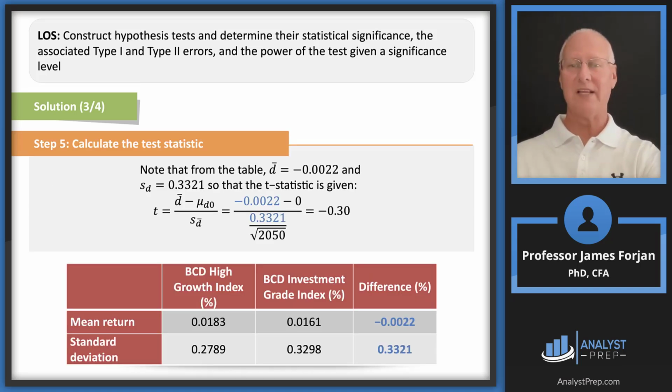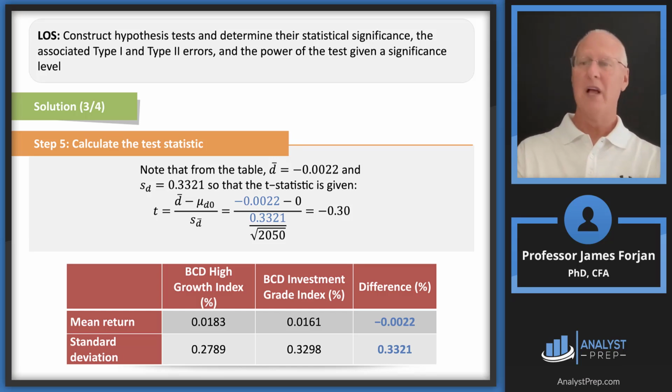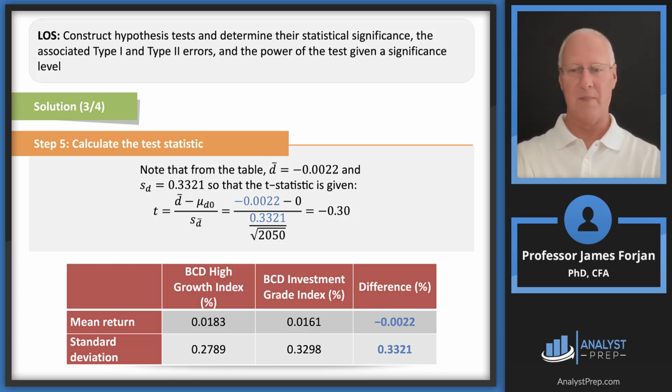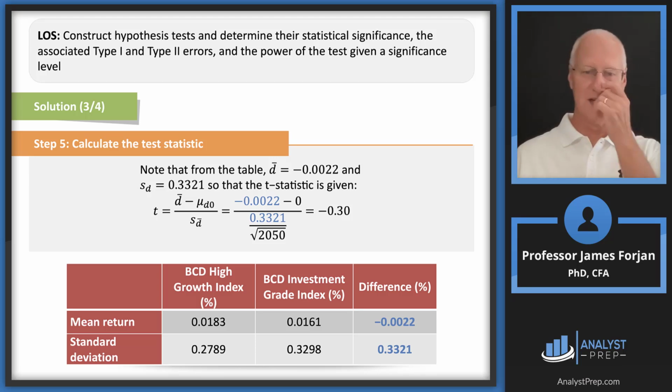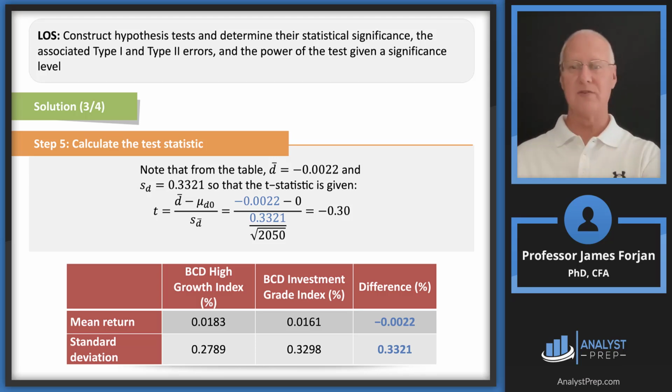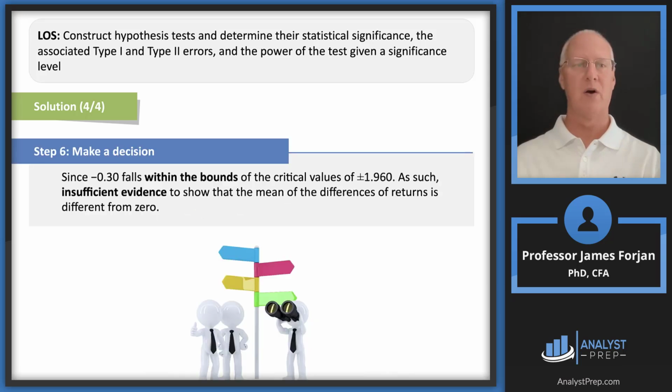You ready? This is how easy this is going to be on the exam. What were there, 5 or 6 blocks in that previous slide where I told you to pause. Look, the Institute is very likely to give you the 0.0022 down at the bottom right, and then the 0.3321, that difference in those standard deviations. And there it is, t of minus 0.30.